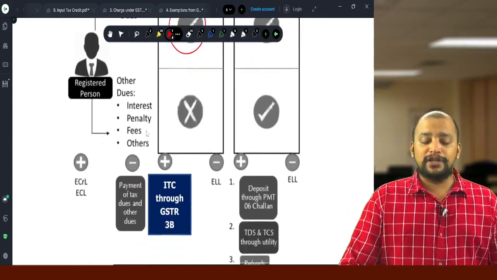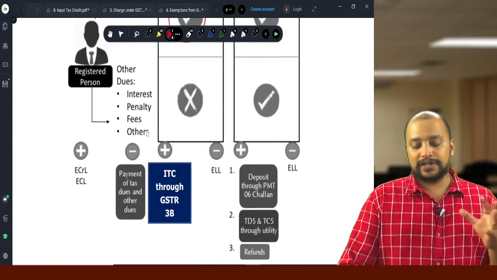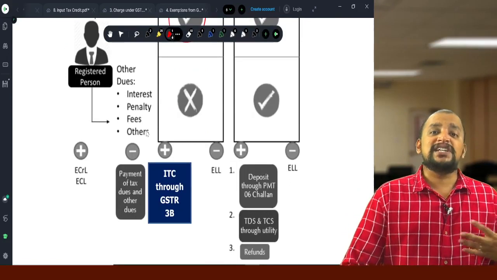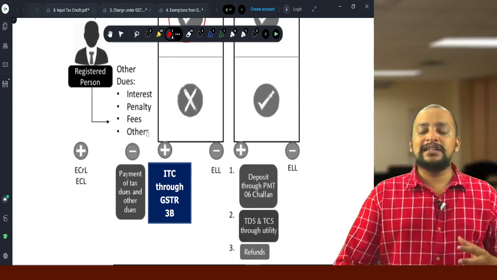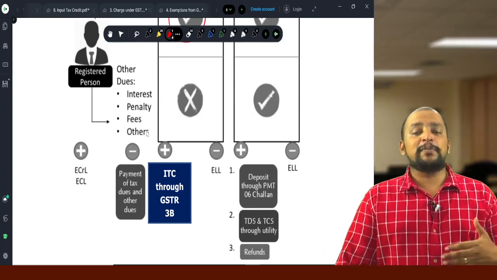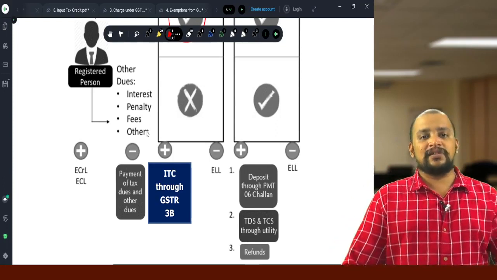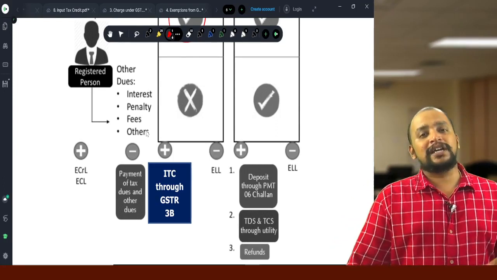How will money come into the electronic credit ledger? Whenever we file GSTR 3B, we take the ITC in that GSTR 3B. The moment we enter the ITC in GSTR 3B, it comes into our electronic credit ledger.